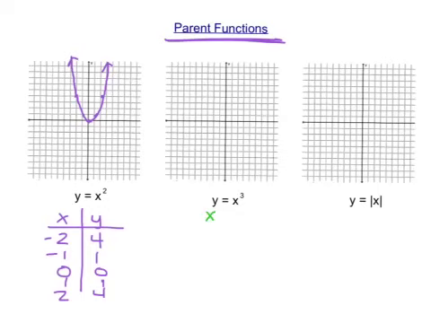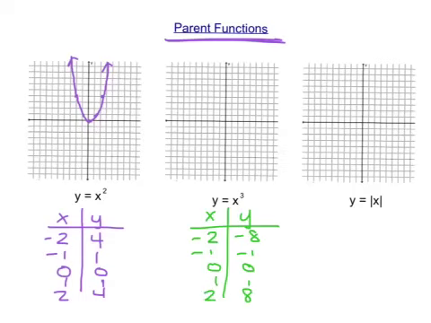X cubed if we have x and y values. Negative 2, negative 8, negative 1, negative 1, 0, 0, 1, 1, and 2, 8 are our standard points. So if we graph that, we have the origin, 1, 1, 2, 8, and negative 1, negative 1, negative 2, negative 8.